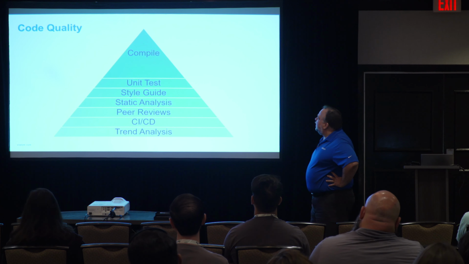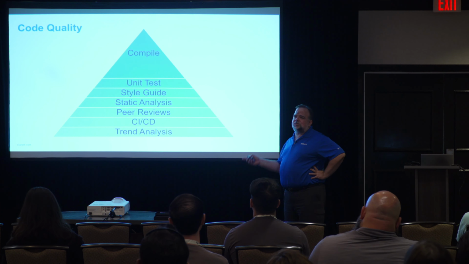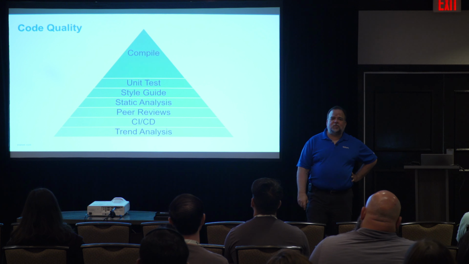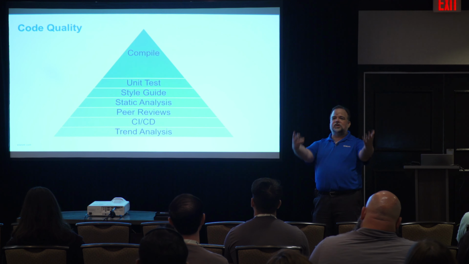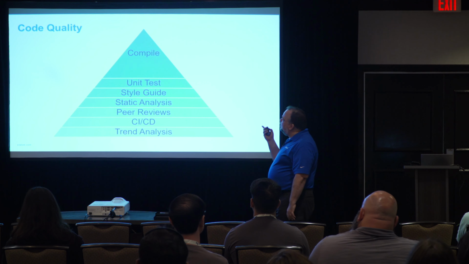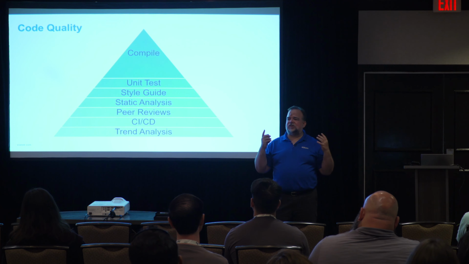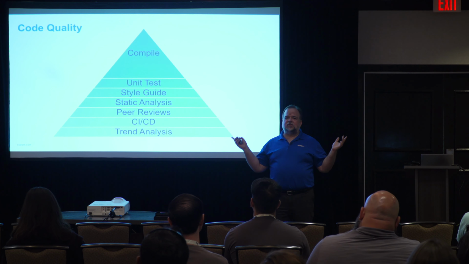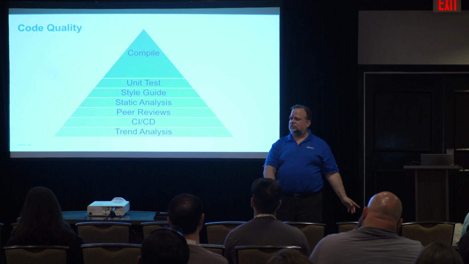So in terms of code quality, I see a pyramid where just because it compiles doesn't mean we're ready to ship it, right? We might want to do a little bit more to make sure that things are good in our code. And there's plenty of seats down here if anybody wants to come down and join us as well. Hopefully you have some sort of unit testing strategy. It doesn't have to test 100% of the code, right? Plumbing code, you probably don't need to unit test.